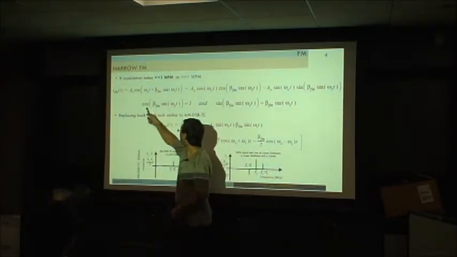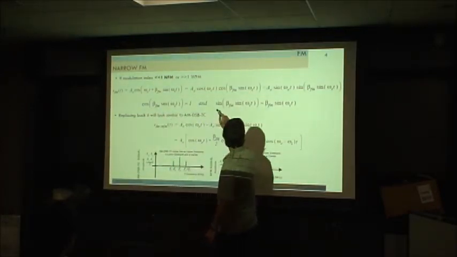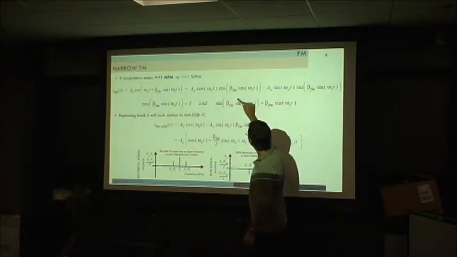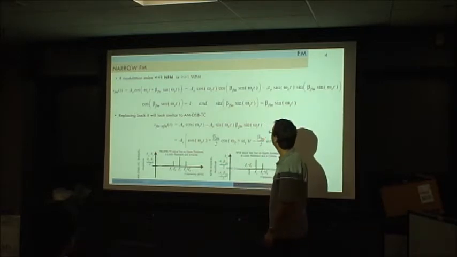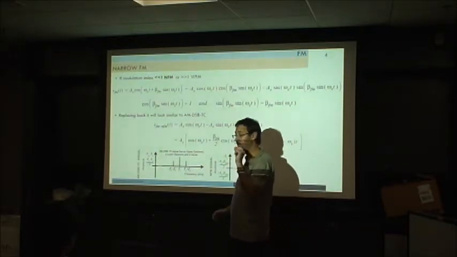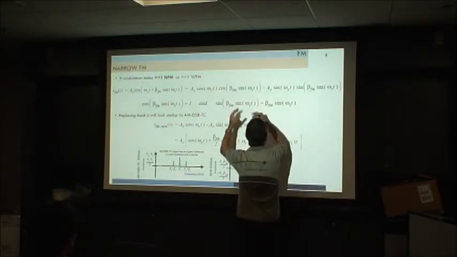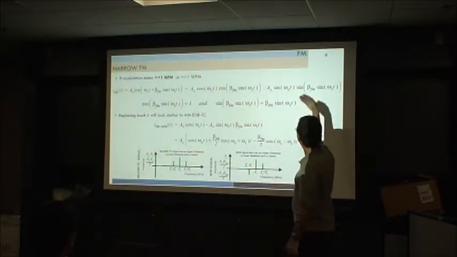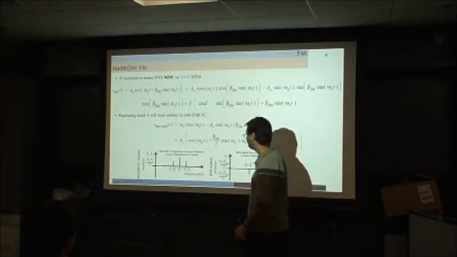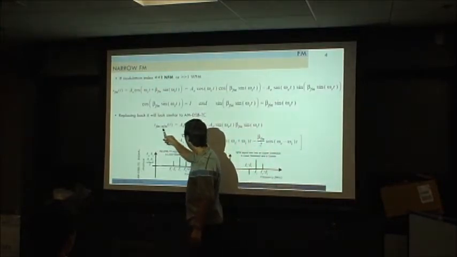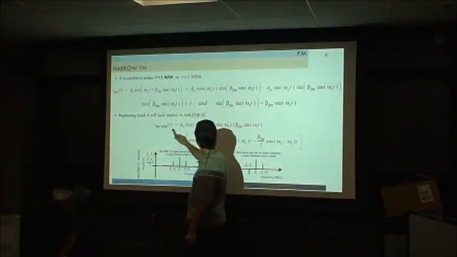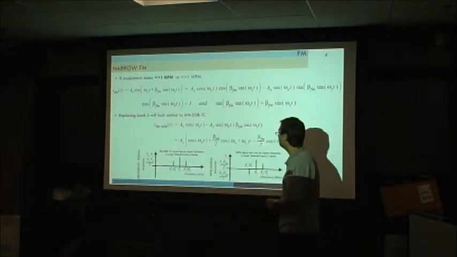So that's why we can approximate this part to 1, and we can approximate this part because this will be the angle, as we were talking about before, that when the angle is really small, we can approximate the sine to the angle. So that's why we just take this part. Okay. If we move back again there, our narrowband frequency modulated signal will look something like this.